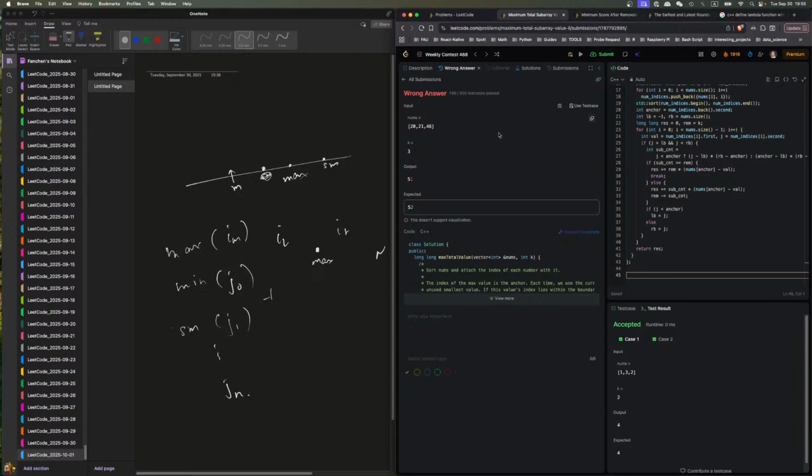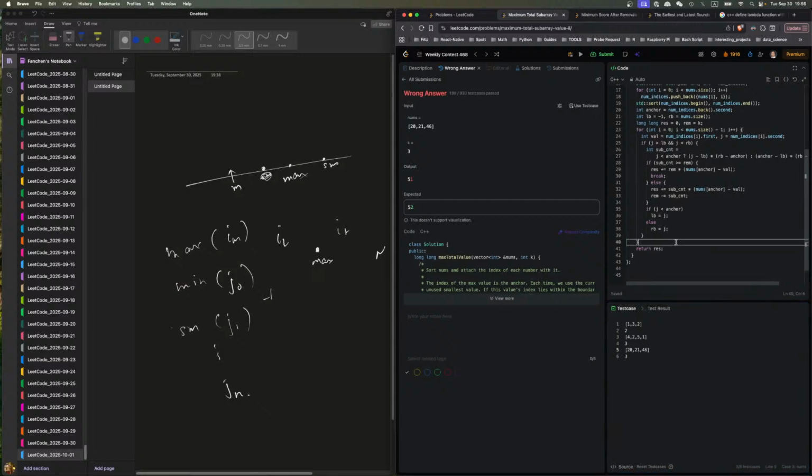Oh, this is I think the full thing. That is an edge case. I did not consider this edge case. Oh, shoot. I think I know.